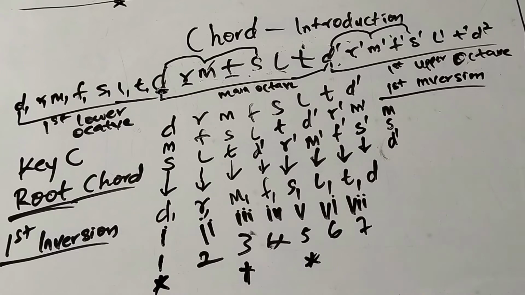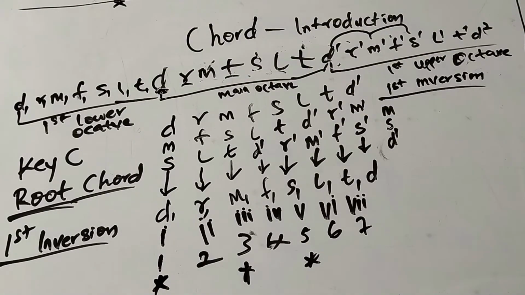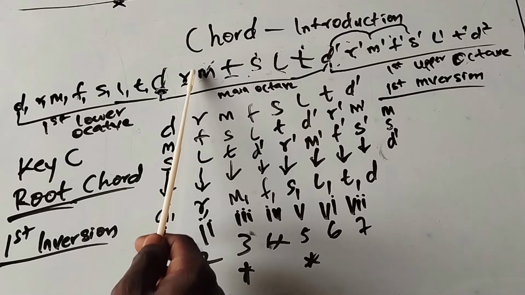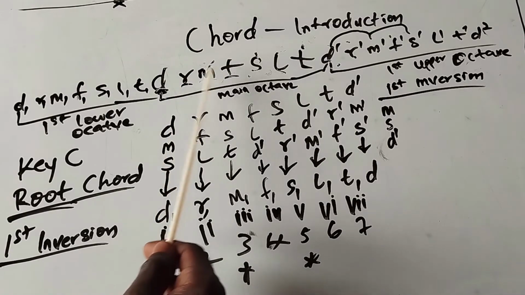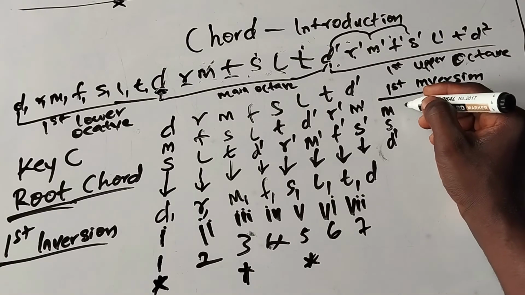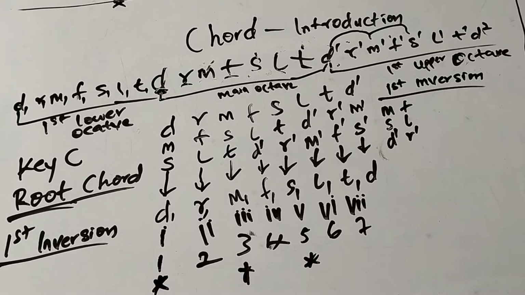Mi, so, do. So if it is re chord, which is re, fa, la, the first inversion will tell me leave this re now, play fa, la, re. So it will now be fa, la, re.